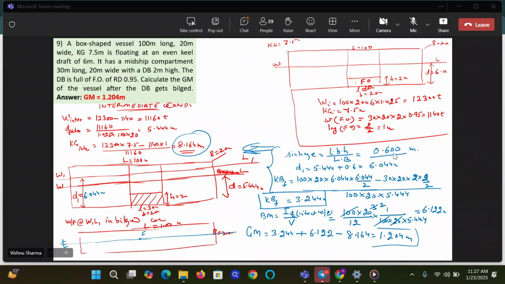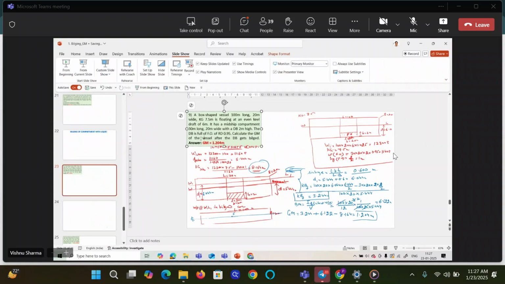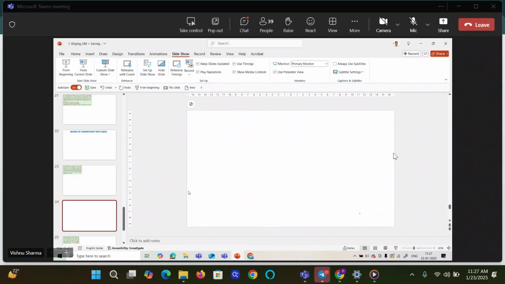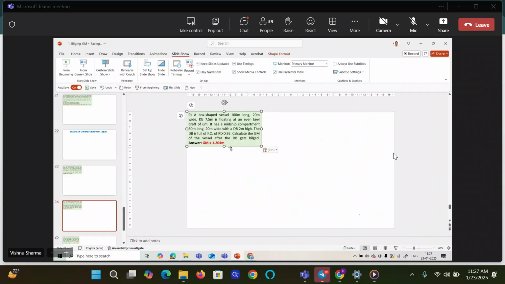That's why it struck me while I was talking to you. I said, let me give you one with seawater. Good, I gave this question. Let me copy this question on the next slide so that for the next batch I don't miss out, because this is how I keep updating my material. I'll calculate the GM later. This answer will not be correct.